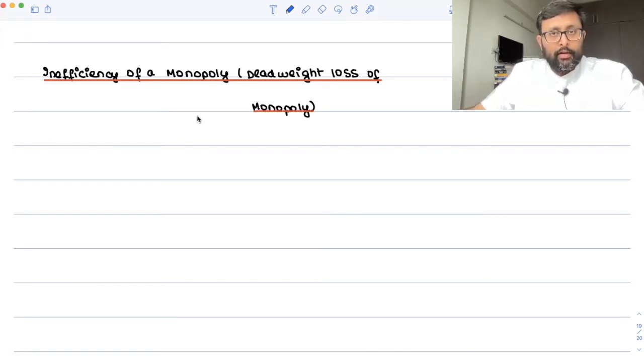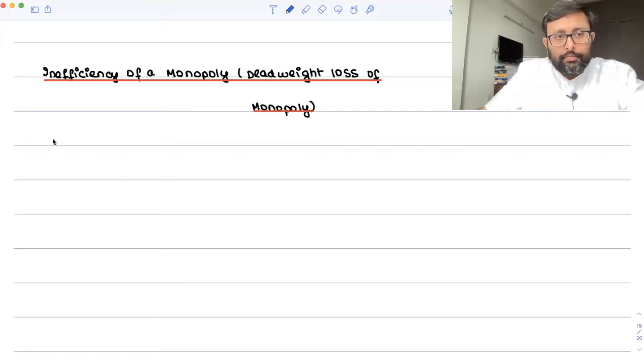On the other hand, you have the cost function, or the marginal cost function, or the supply function, which is telling the cost of producing the commodity, right? So taking these two things together, we'll try to find out the efficient outcome first of all.